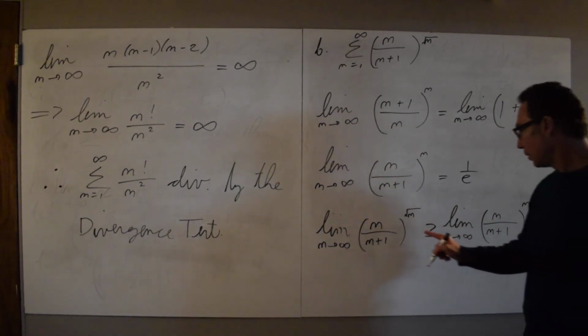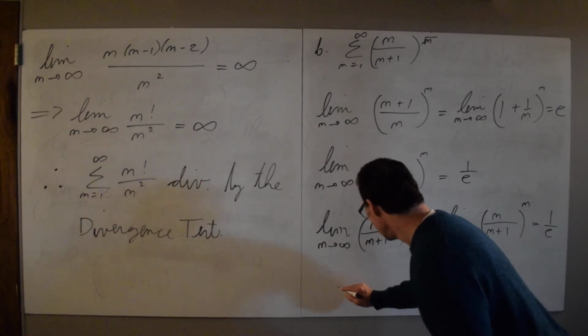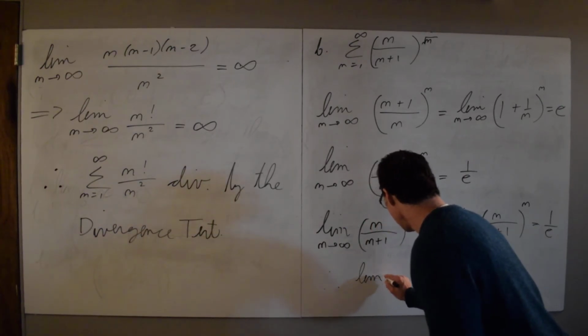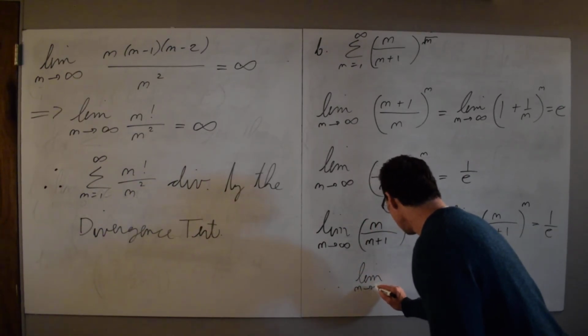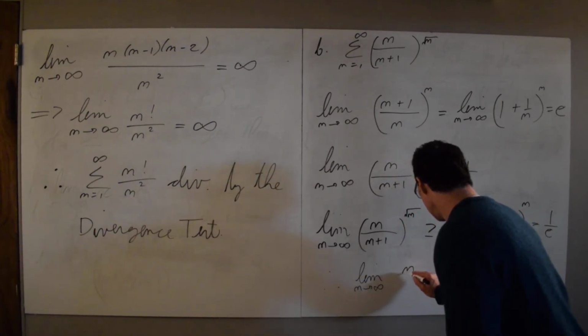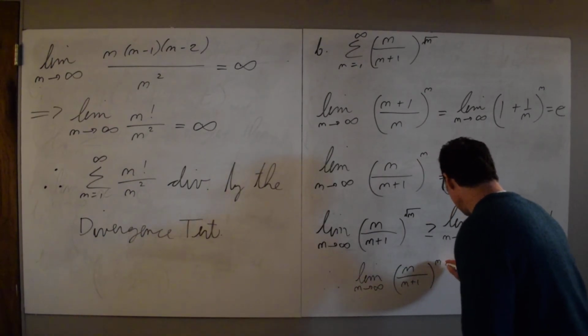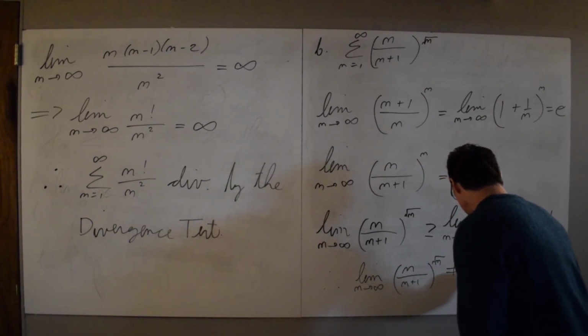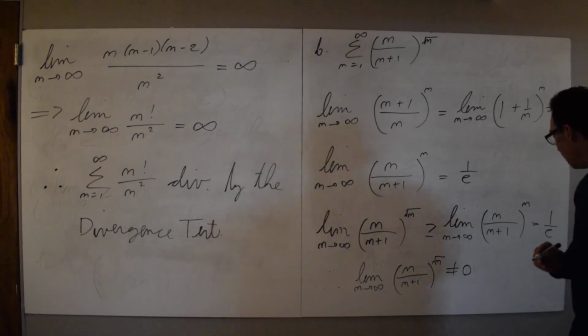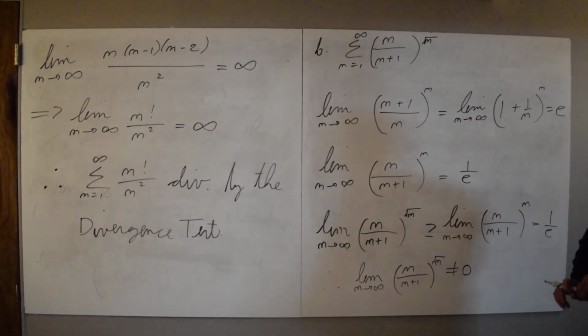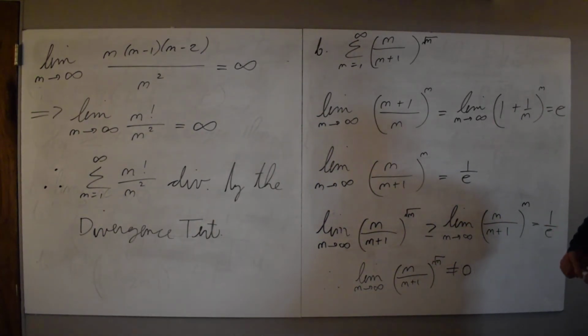So that means that this limit that we were calculating is not 0. That implies that the series diverges by the divergence test.